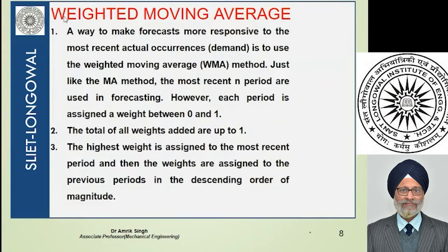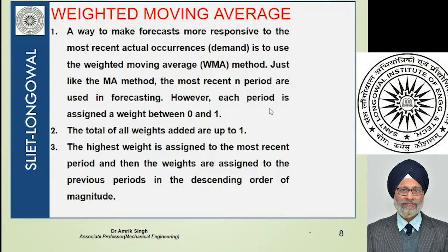Now the next method is the weighted moving average method. In this method, a way to make the forecast more responsive to the most recent actual occurrence, that is demand, is to use the weighted moving average. Just like the moving average method, the most recent n periods are used in forecasting.